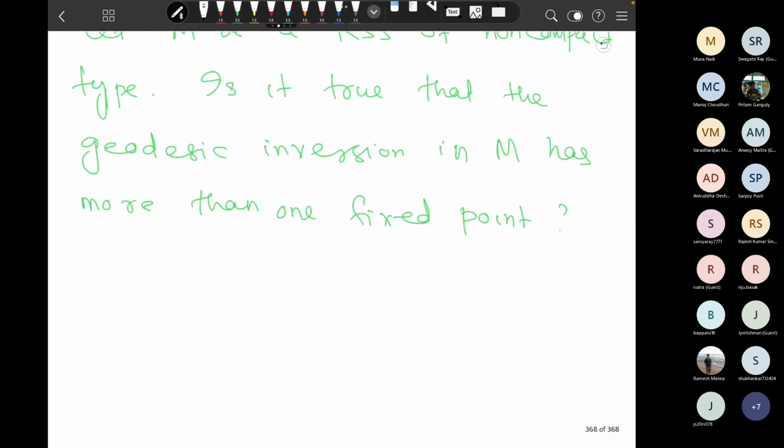The answer is no. The reason is that in this case the exponential map is a global diffeomorphism, so the whole manifold M is a normal neighborhood, and I have told you that in a normal neighborhood there can be exactly one fixed point. We will not have time to prove this theorem.